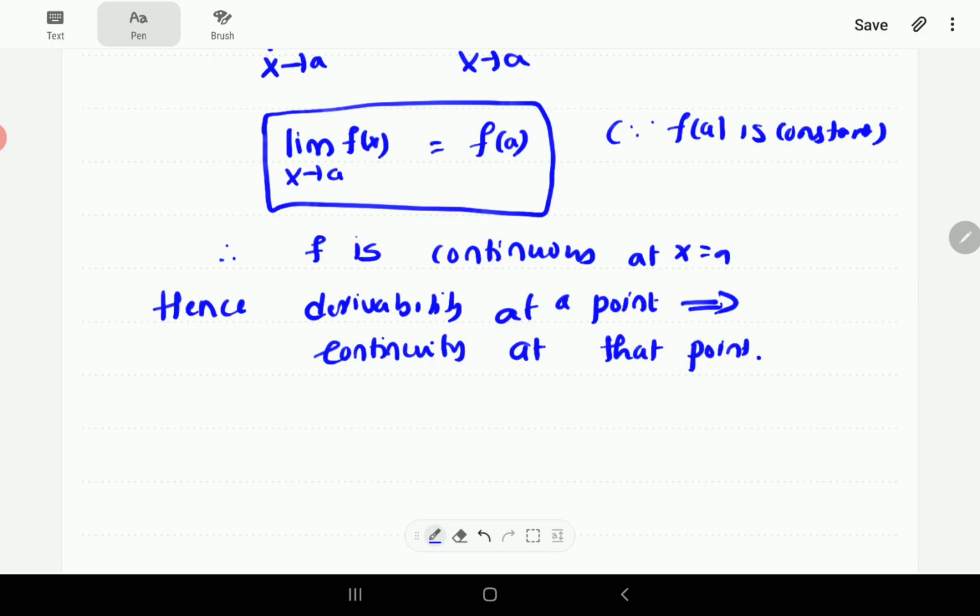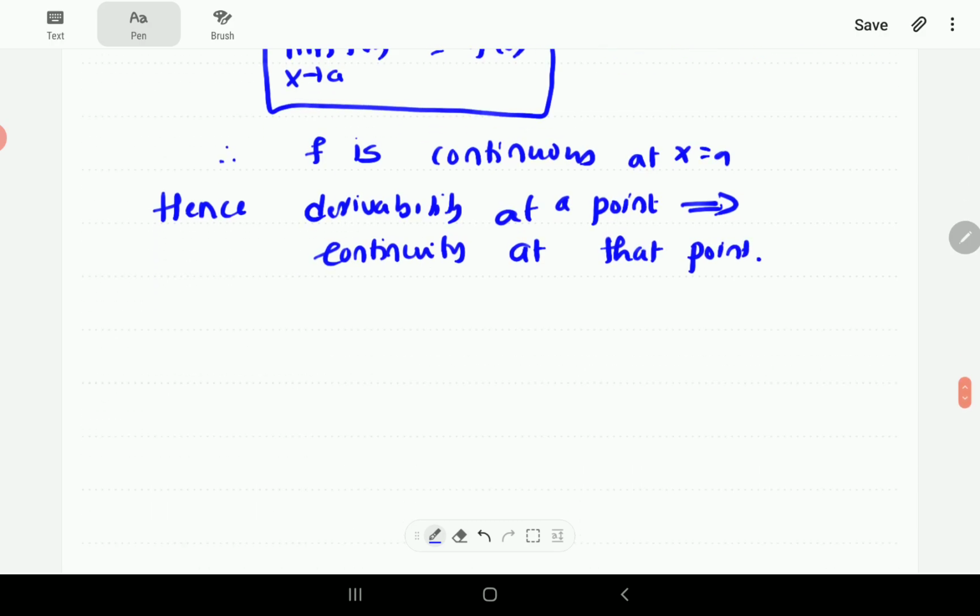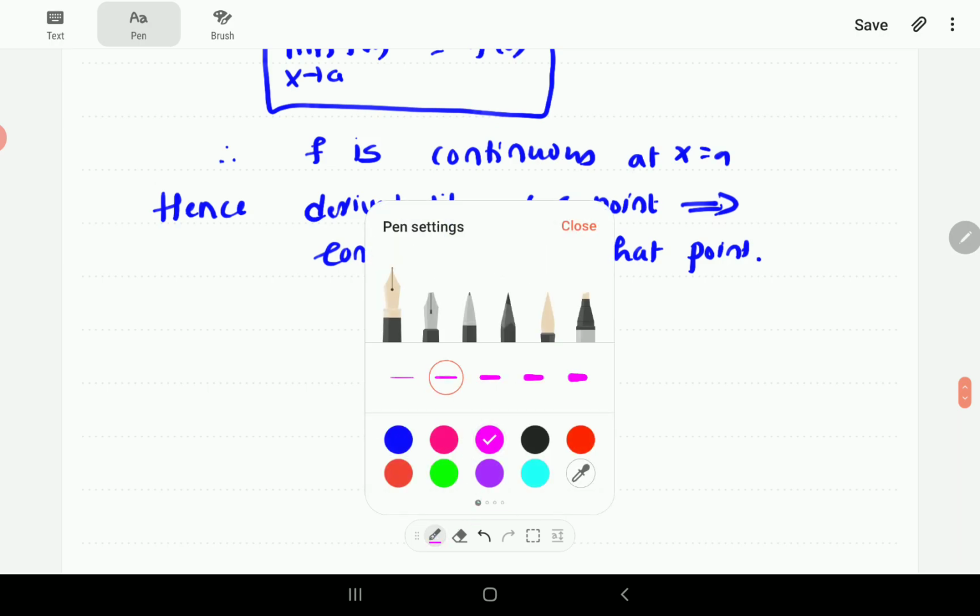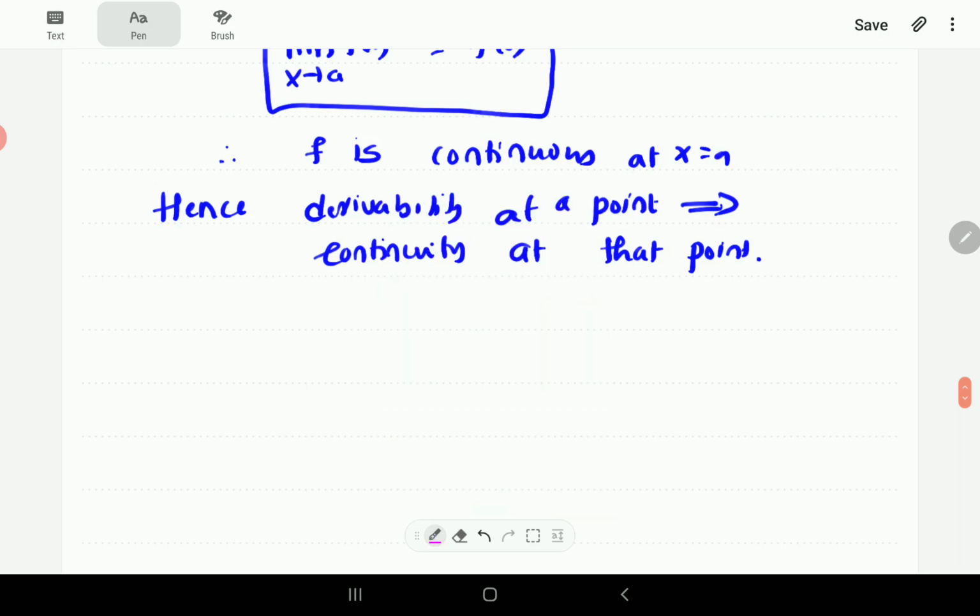This is a very important proof. Now we proved it. Now the next important question is, is the converse of this theorem true? If the function is derivable at a point, we say it is continuous. But if the function is continuous at a point, does it validate the derivability?